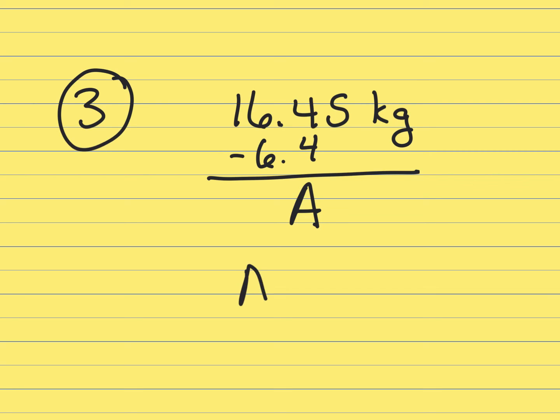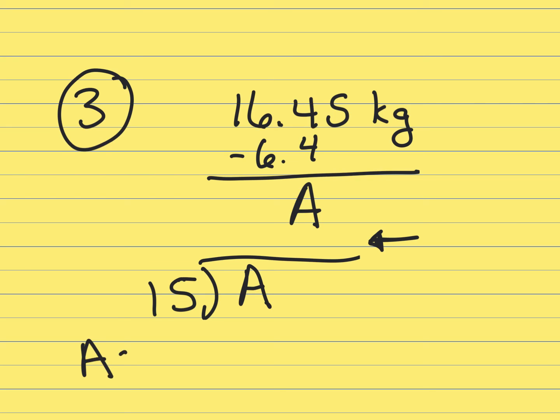So you're going to take your answer and divide it by 15 batches. And that number at the top is going to tell you how much flour is in each batch. Okay, so set that up and do this problem, and remember to write your answer as a sentence so you remember what you are answering.